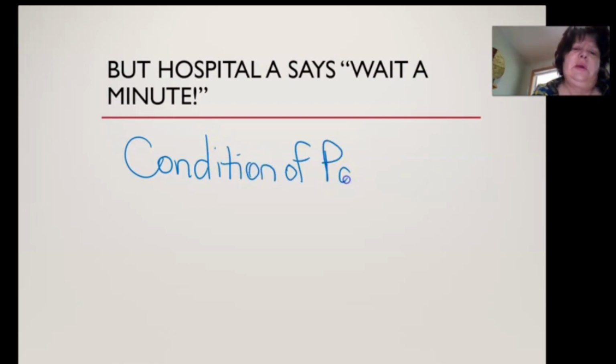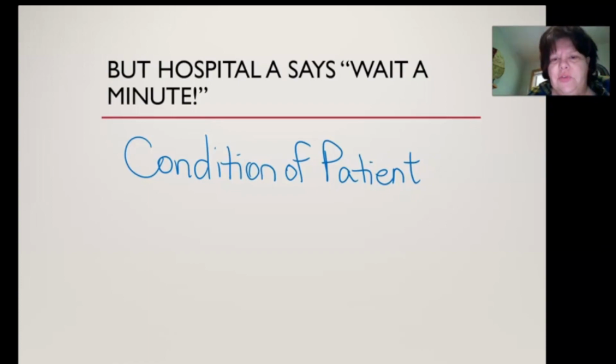This one's easy to get a hold of, though, in terms of collecting data, going back and looking at the data. What was the condition of the patient before they went into the hospital? Hospital A is kind of trying to say, well, I think we're getting more people in bad shape. Let's see if that's true.